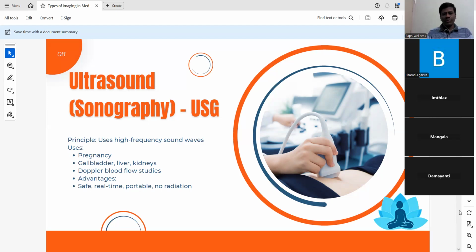So commonly used to study the abdominal organs, all the abdominal organs like liver, kidney, gallbladder, spleen, and also for fetal imaging during pregnancy, obstetrics.